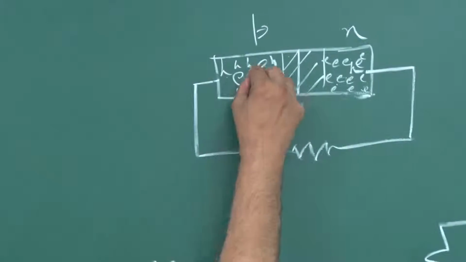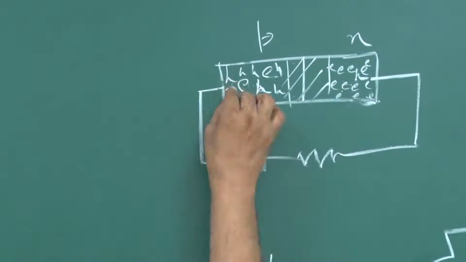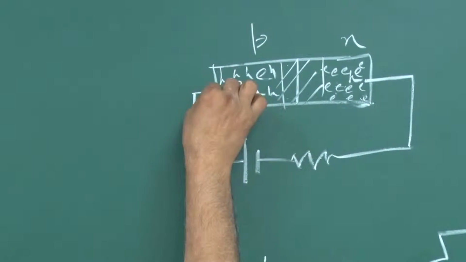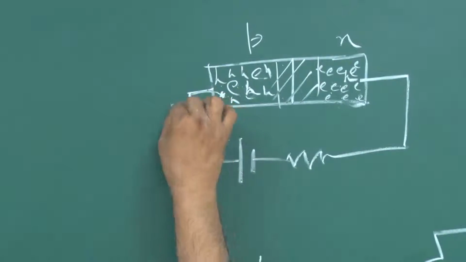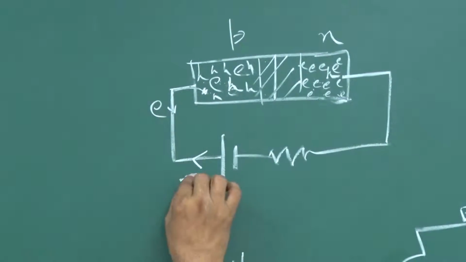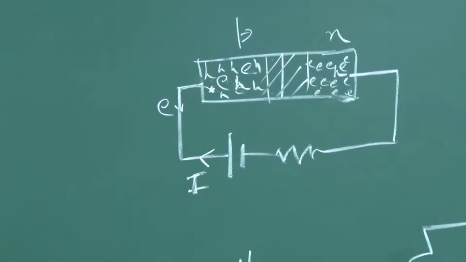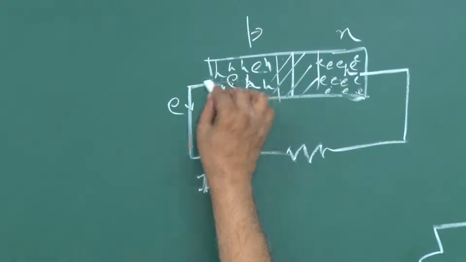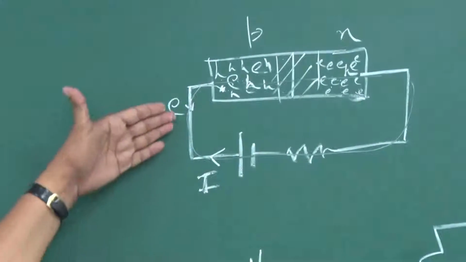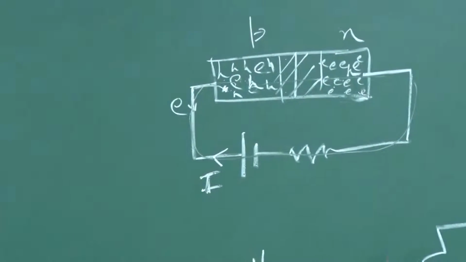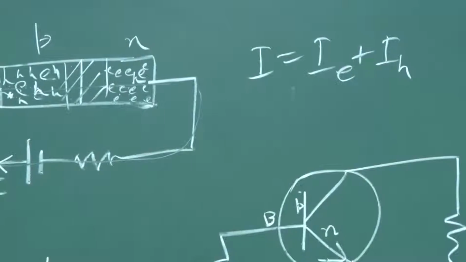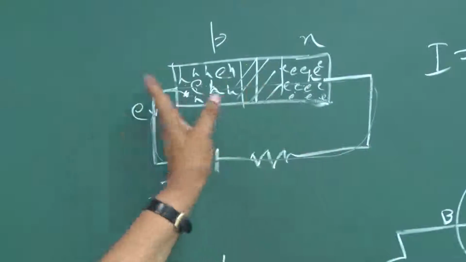And that happens, some electron hole pair will be broken here, and then that electron which is extra will flow through this, and therefore current that will contribute to this current I, which is going here. Okay? And of course, once the electron is here, it will go through this and complete the circuit, and that will contribute to IE. I is equal to IE plus IH. So because of these conduction electrons, you have the current.